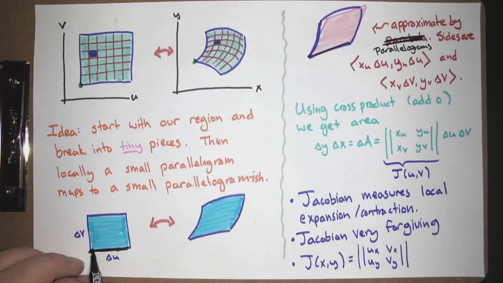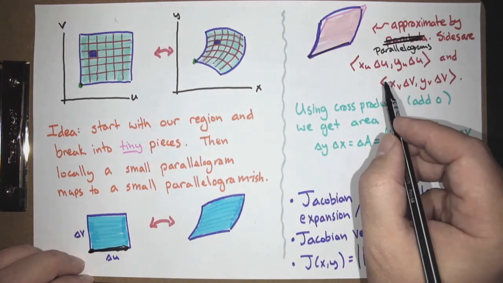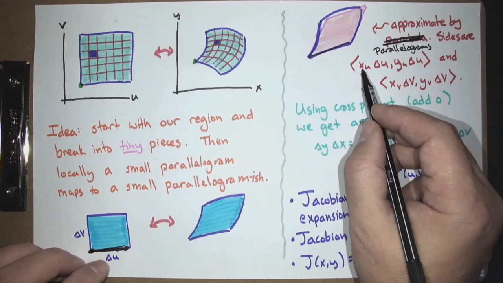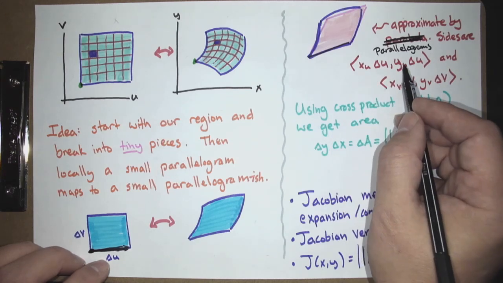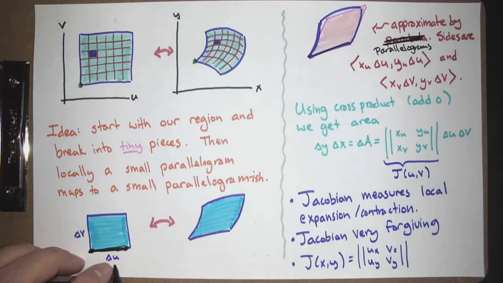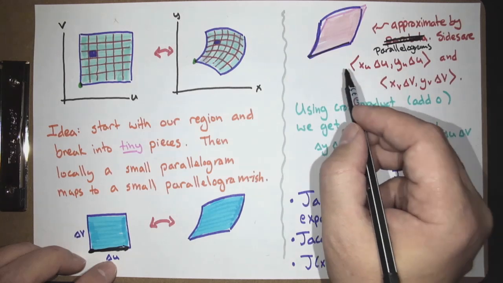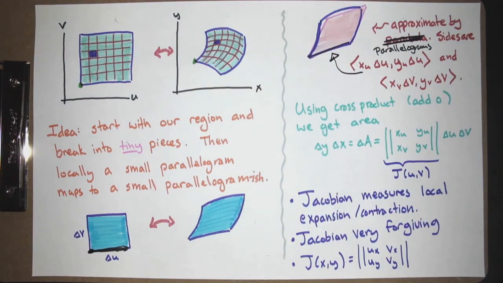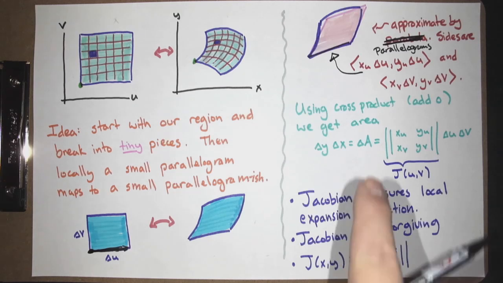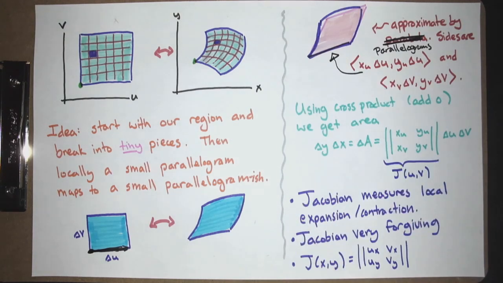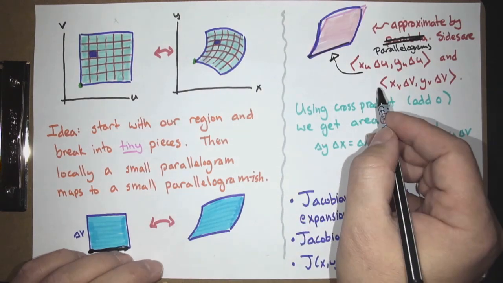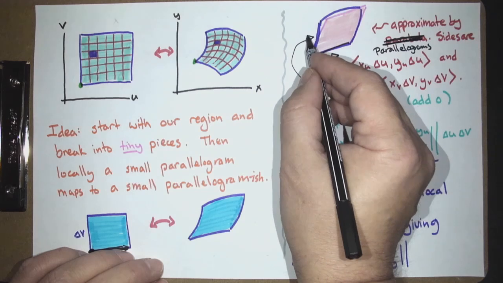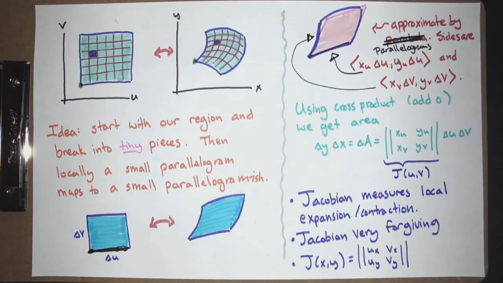So what's happening in this direction? There's a change of x with respect to u and a change of y with respect to u. And how much have we changed? We've changed delta u. So this part will capture one side. It's, again, an approximation. So x sub u is the derivative of x with respect to u. And then the other vector will capture the other side of our parallelogram. So we have two vectors.